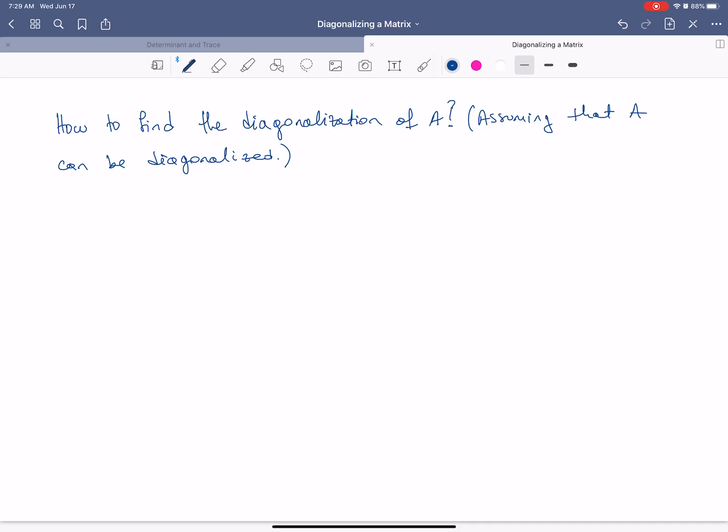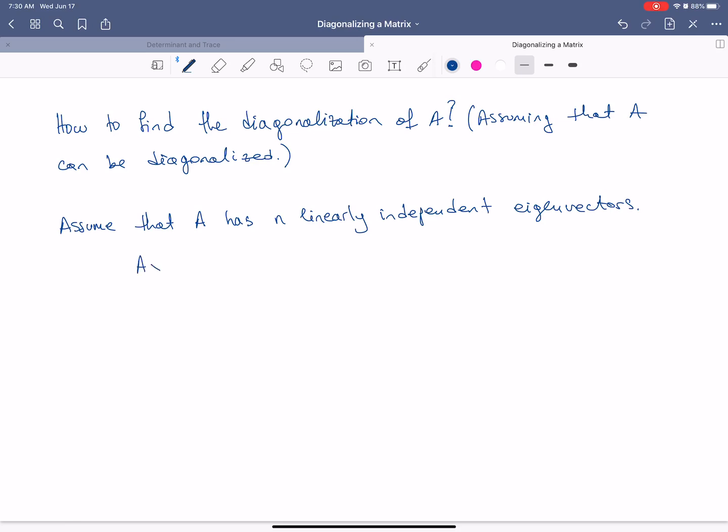So assume that A has, so we're assuming that A is n by n, so now n stands for the size of A. So assume that A has n linearly independent eigenvectors. Okay, so what does this mean? Let me write the equations for these n independent eigenvectors.